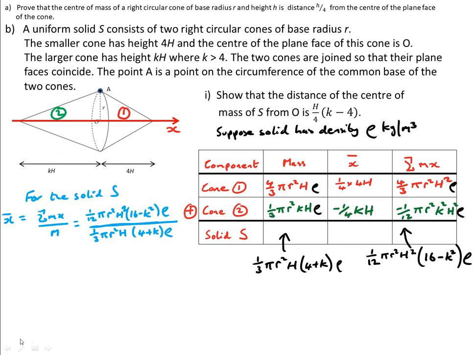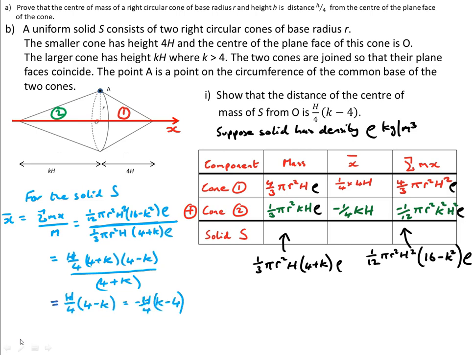And the rho's will cancel as well. So we're ending up there with 1/4 h times, well, the factorisation of 16 minus k squared is (4 plus k)(4 minus k), divided by (4 plus k). So we're ending up with x bar is h over 4 times (4 minus k). Or in other words, minus h over 4 times (k minus 4).